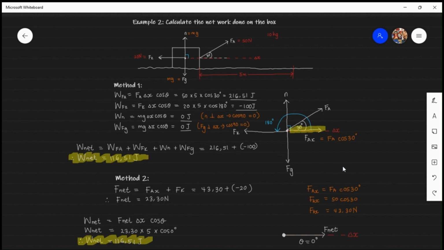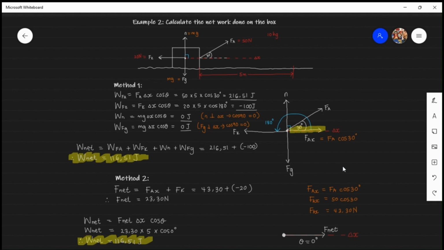When we're using our second method, we first calculate net force, which is a vector quantity. That is why we will take into consideration the directions and the components of our applied force. Once we find F net, we can substitute that value into our work net formula, and then we need to find the angle between our displacement and our F net vector.